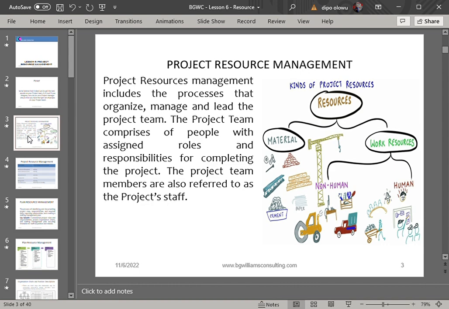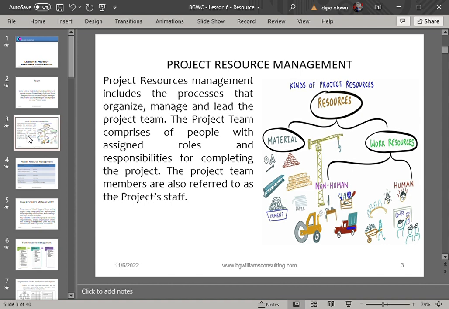But when we discuss the concept of project resource management, I want you to take note that our focus is on roles and responsibilities, assigning roles and responsibilities to the project.